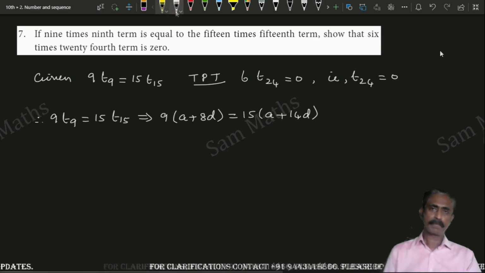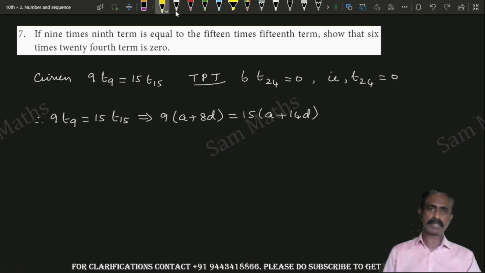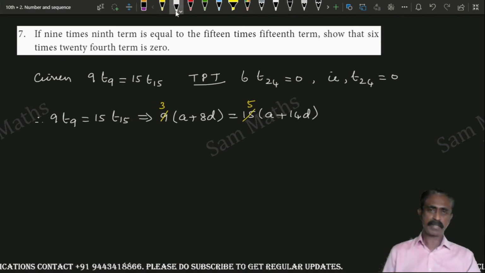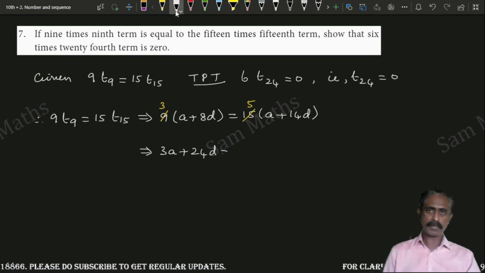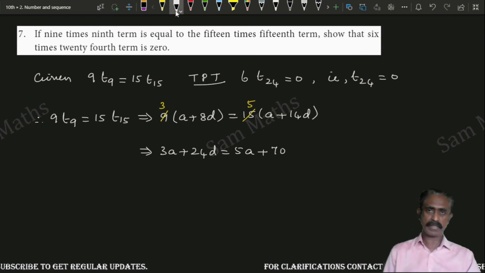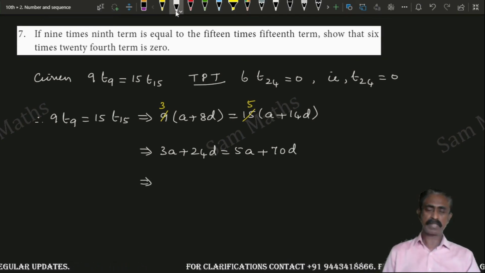Just you reduce 1 from 15. Here you can divide 3 on both sides. So it becomes 3 times and this is 5 times. Therefore, we are getting 3A plus 24D equal to 5A plus 5 14s are 70D.